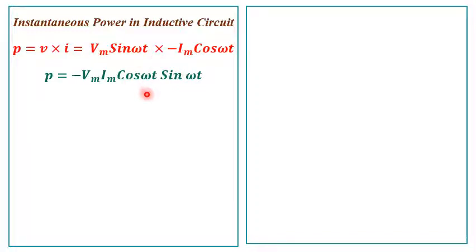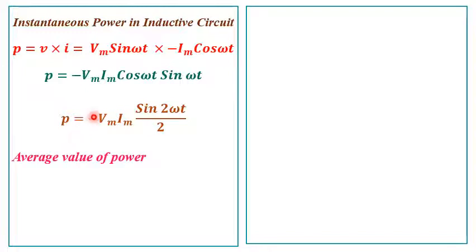This cos omega t sin omega t can be written as sin 2 omega t by 2, because sin 2 omega t is 2 sin omega t cos omega t. So we get power P equal to minus Vm Im by 2 sin 2 omega t.